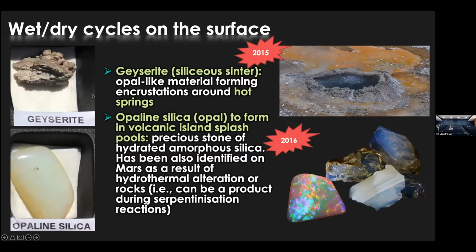Then you heard already about geyserite. Here is the geyserite mineral, which is a siliceous sinter, an opal-like material forming encrustations around hot springs, exactly what you have heard already in the last talks. And close to it comes also opaline silica, which is about the same material, but this is a precious stone, because you see here some of these different kinds of opals.